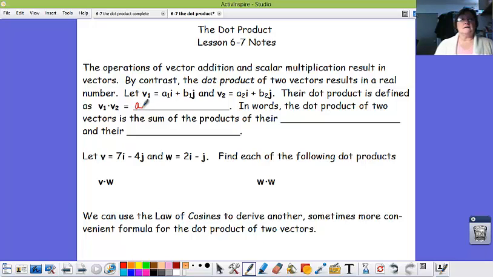You multiply a1 times a2, so you multiply the two horizontal parts together, and then you add to that the product of the b parts, the vertical parts, so b1 times b2. So in words, the dot product of two vectors is the sum of the products, so you're adding the products of their horizontal components and their vertical components.